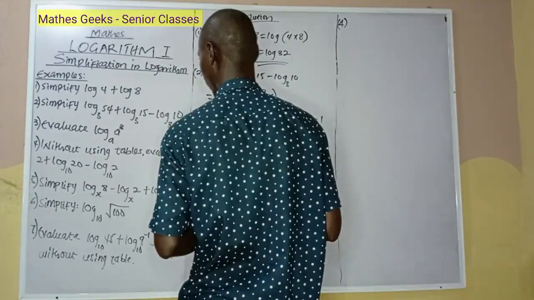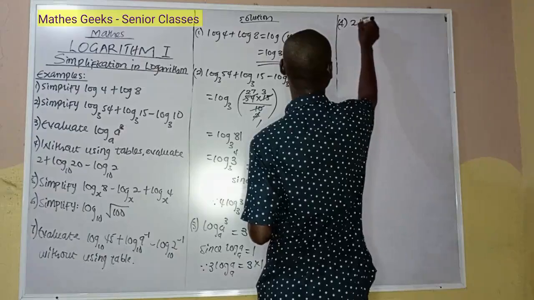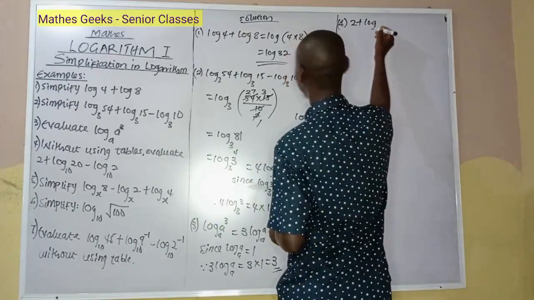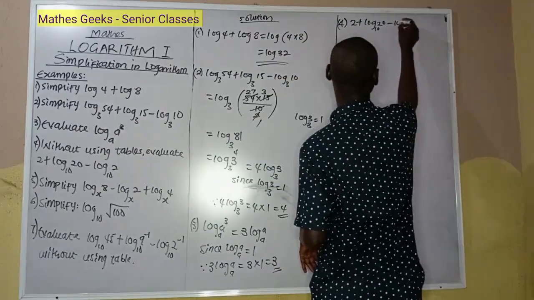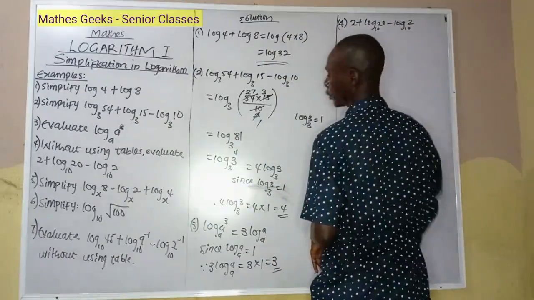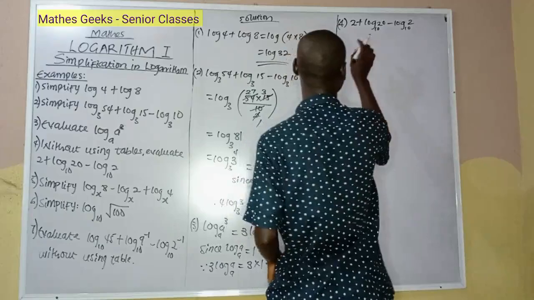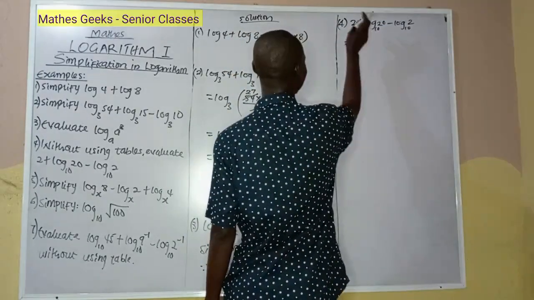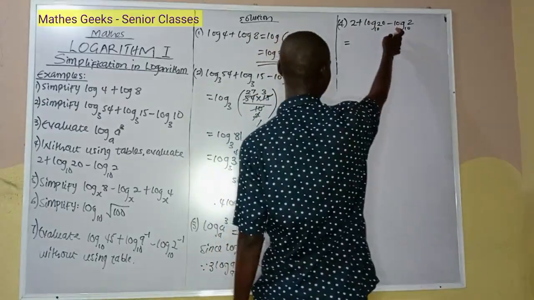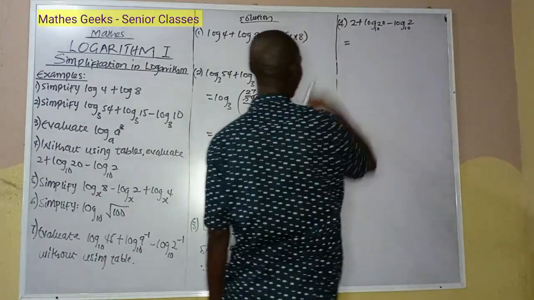Number 4, without using tables, evaluate 2 plus log 20 to the base 10 minus log 2 to the base 10. Now, don't just put 2 then multiply by 20 and divide by 2. No, it won't work.